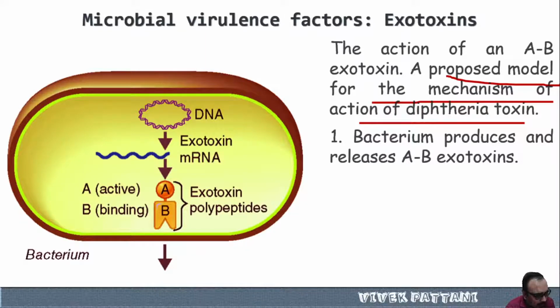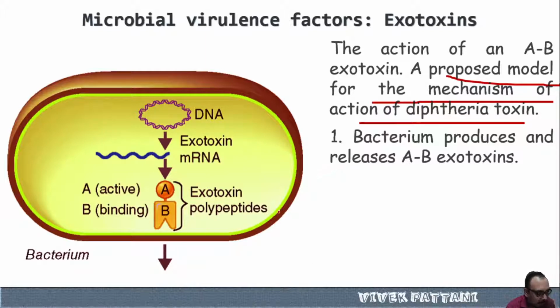Right now I'm going to discuss the AB type of exotoxin, but there are two other types, which are basically membrane disrupting toxins, and some are also termed super antigens. What are super antigens? I will explain later. So right now I'm going to start the mechanism of the AB toxin.